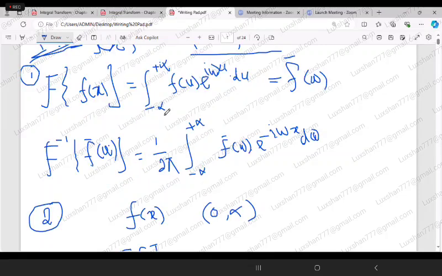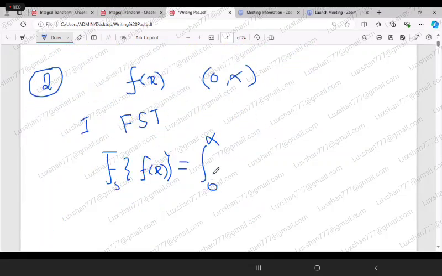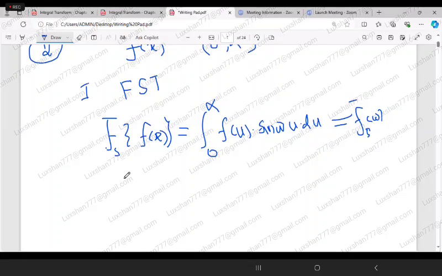Look at here: complex transform is minus infinity to plus infinity, this one is 0 to infinity. f(u) sine omega u du, and we denote it by f bar s. Actually, this s denotes sine transform, Fourier sine transform.